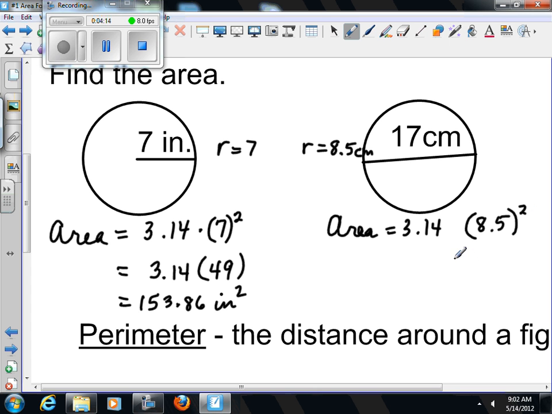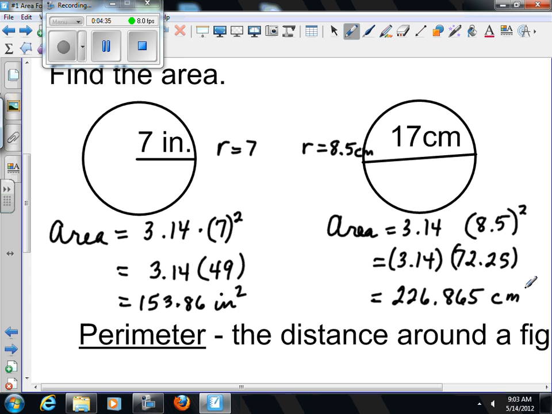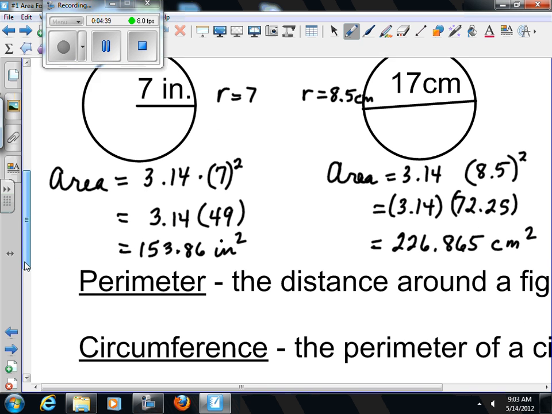And that is 72.25. And we multiply that by 3.14. And that gives us 226.865 square centimeters for the area of that circle.